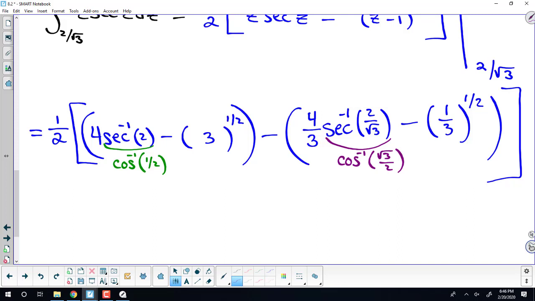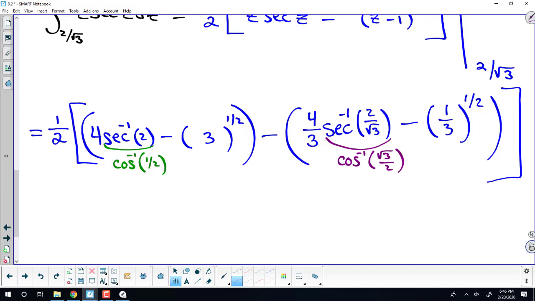So what angle gives us a cosine of 1/2? Pi over 3, yes. Cosine of pi over 4 would give us 1 over root 2. It's already 2 over 2. Like cosine's going to be pi over 6. Pi over 6, yeah.